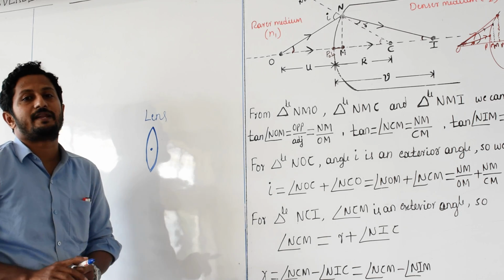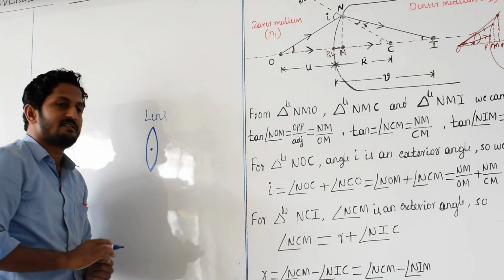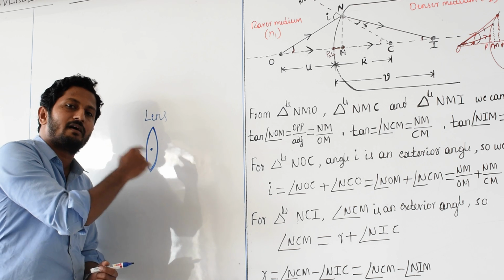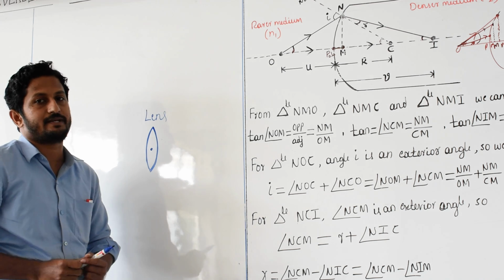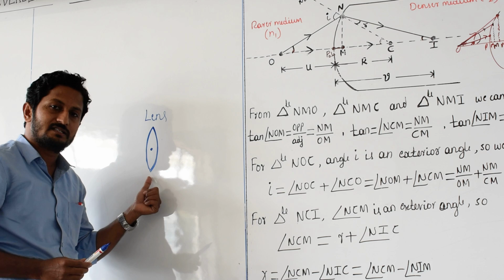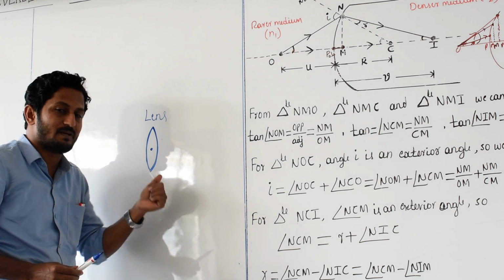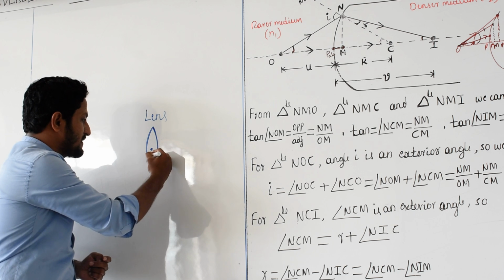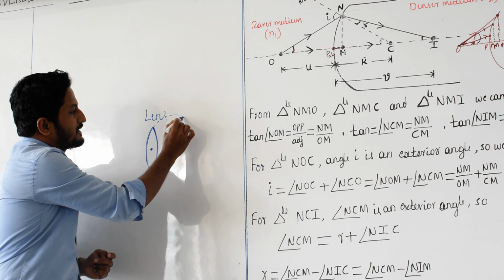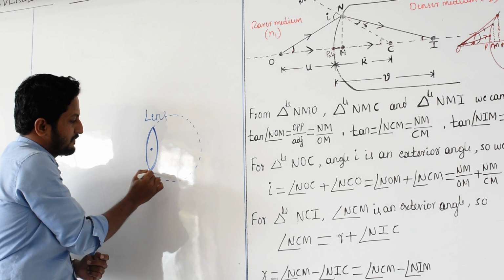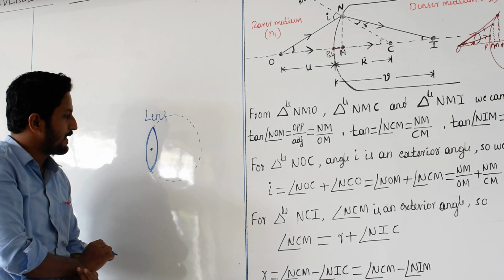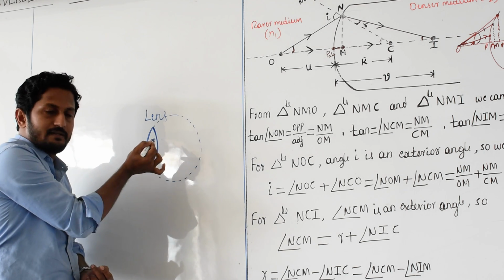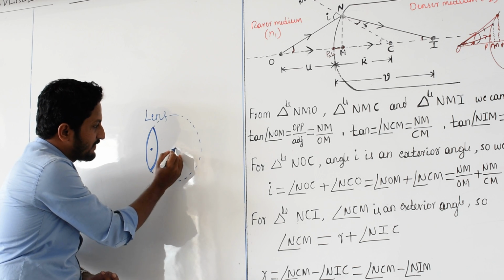This lens right now is a part of two imaginary spheres. Means for this first surface, here you can imagine one sphere like this. Okay, this imaginary sphere has its own center of curvature.